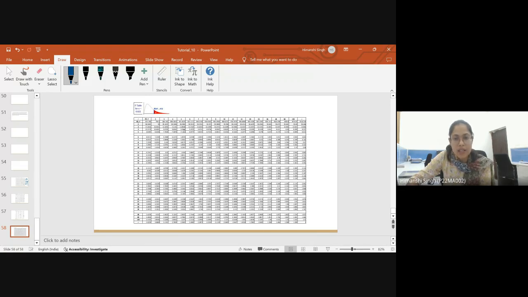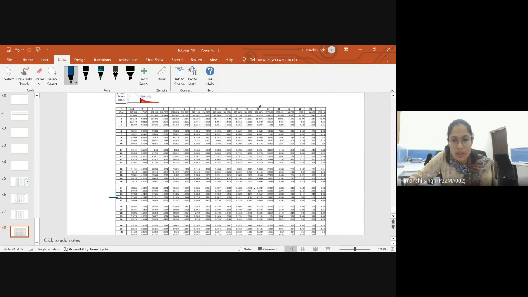So I have n minus 1 to be 20, so 20 is here, and in the denominator I have 24. So the value is 2.3273. You may not be able to see the correct value because it is very small, but I will be using this value, 2.3273.